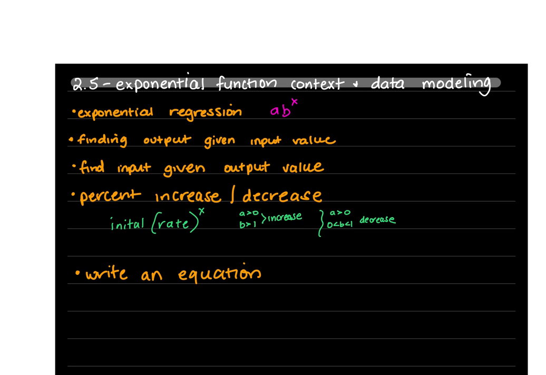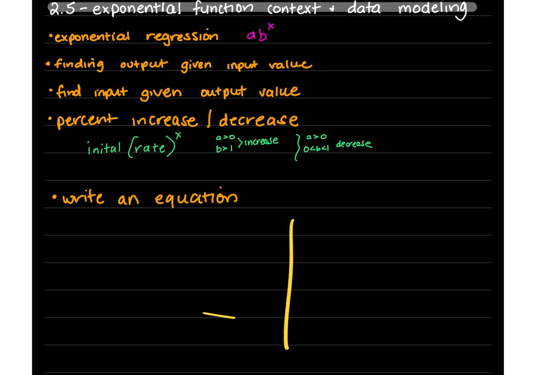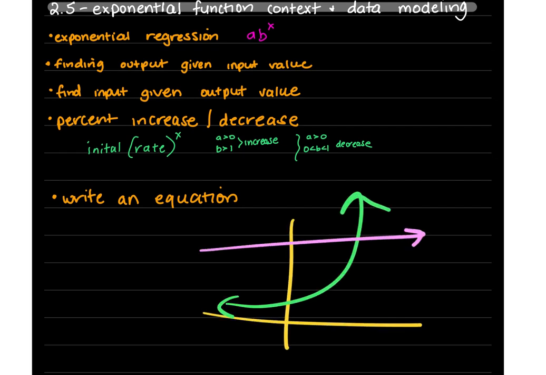So if I cross two things, right? Like if I run a regression on my graph and I've got my exponential model, and then I've got my horizontal line, my goal was to find when f of x equals 50, for example, okay? So I have my model that I saved because I ran the regression, and then I have my y2, that's 50. And my goal is to find out when they cross.